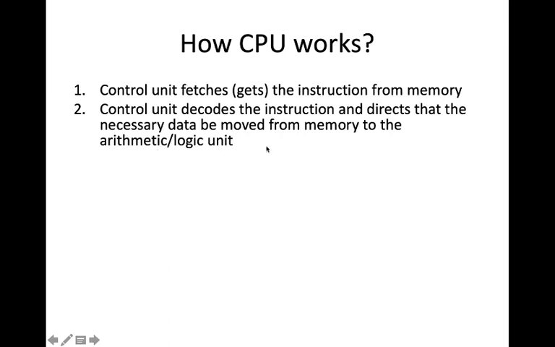So if you want to perform something, the control unit will decode that instruction, and if some data is to be fetched from the main memory, it directs memory to send that data: I want this data, so send the data of these two elements. So it will be moved from memory to the arithmetic and logical unit.